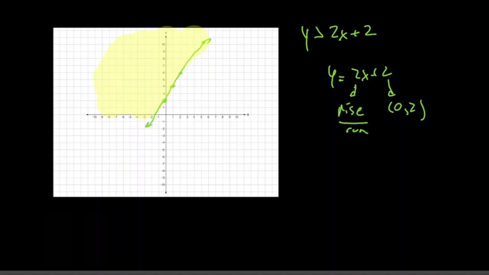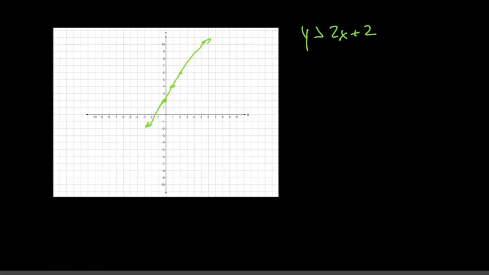But let's say that instead of y is greater than, we have y is less than 2x plus 2. In this instance, instead of going on top, when you have a less than sign, you go underneath the line. So everything right here underneath the line is the answer, or the shaded region for the linear inequality.